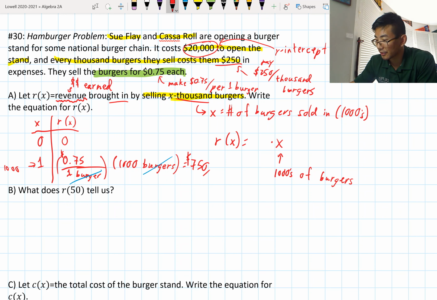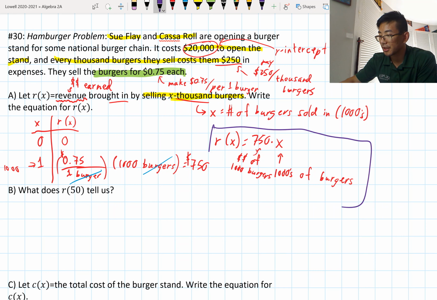So this is 750 for 1,000 burgers. So that 750 there is the slope, or again, it's basically the price of 1,000 burgers. I realize it's the same word across, written out over and over again. Okay, so that should be R of X. Remember, this is how much money you bring in based on the number of burgers they sell.